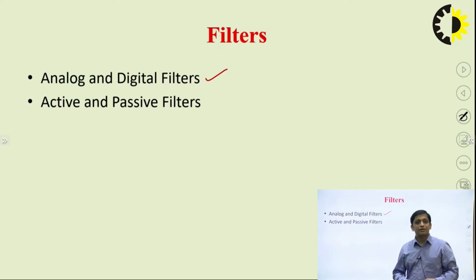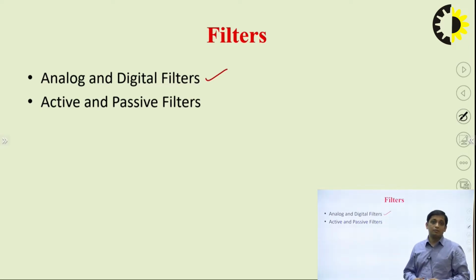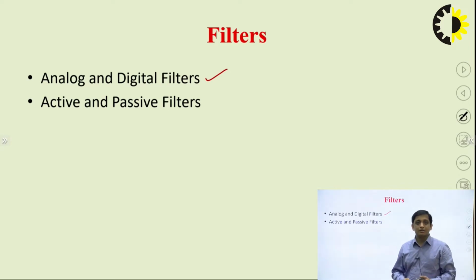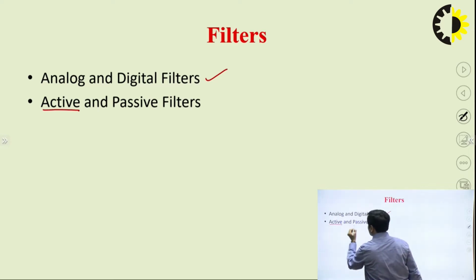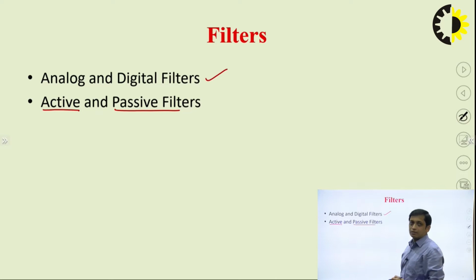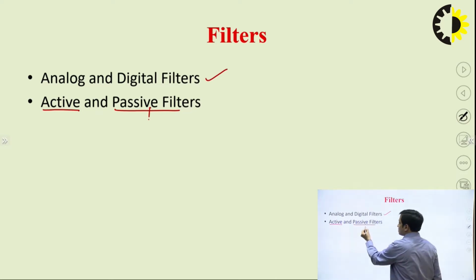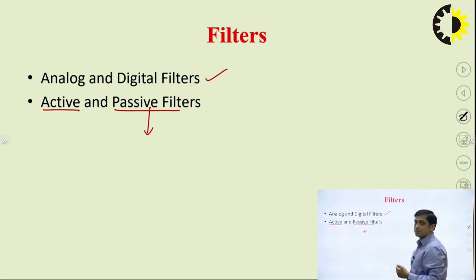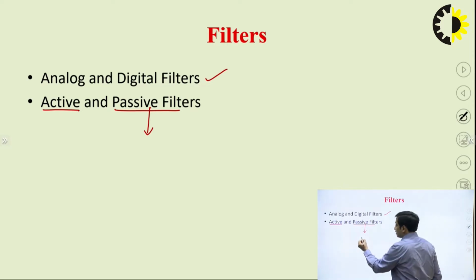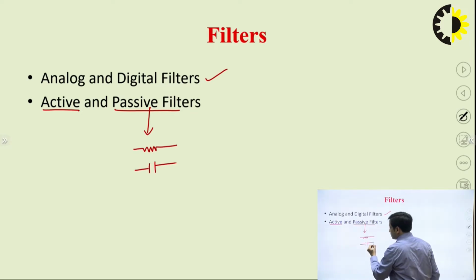So here we are talking about analog filters, right? Further, filters can be classified on the basis of the components used. On that basis, the filters can be classified into two parts: one is the active filter and the other is the passive filter. As the name suggests, passive filters are those which use only passive elements. For example, passive elements are resistor, capacitor and inductor.